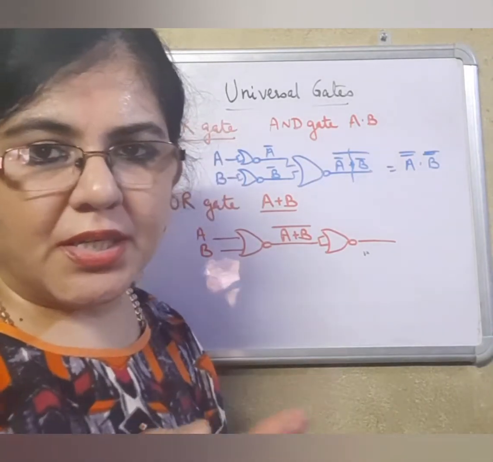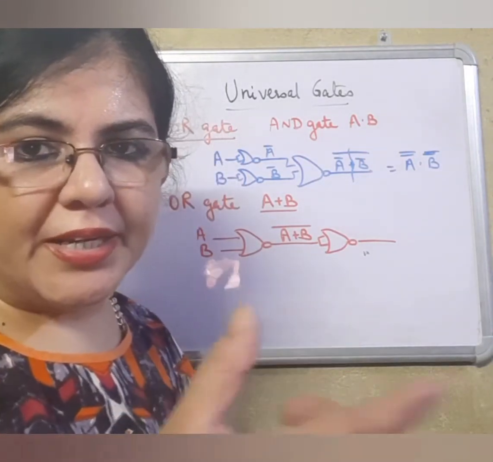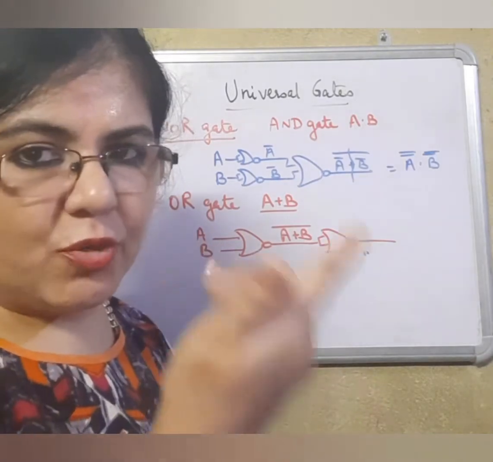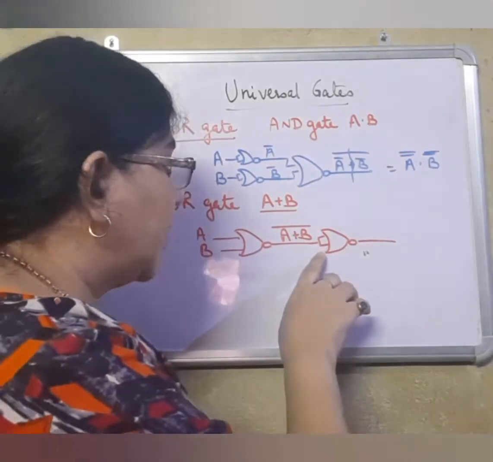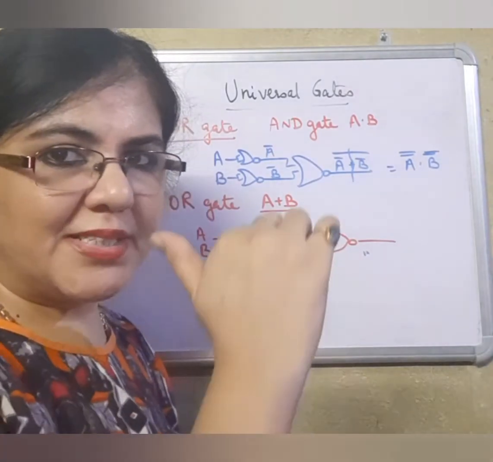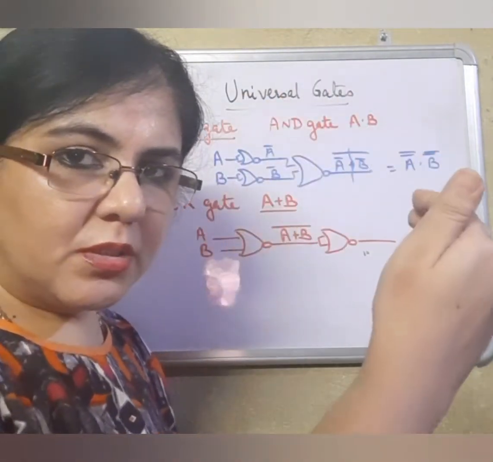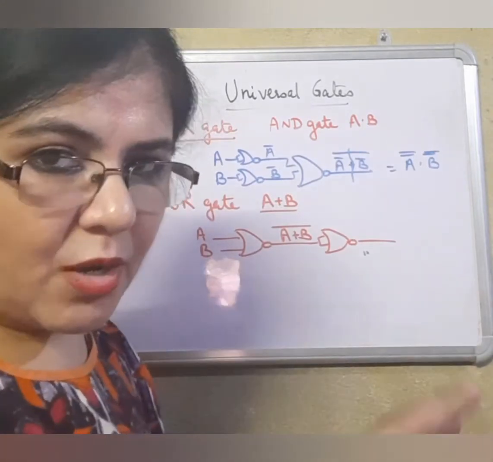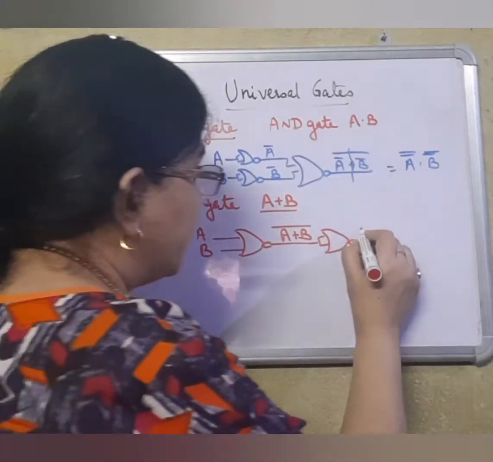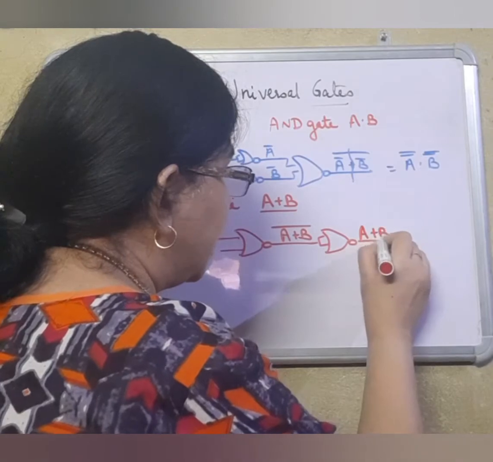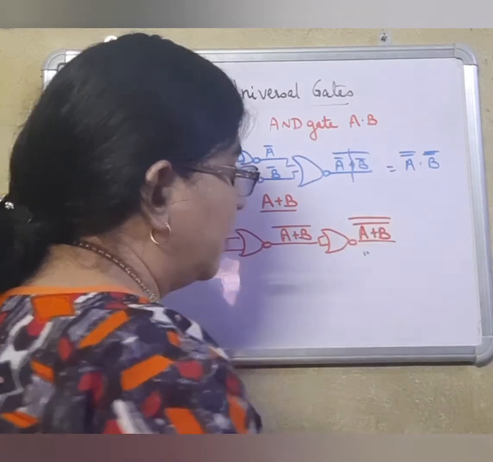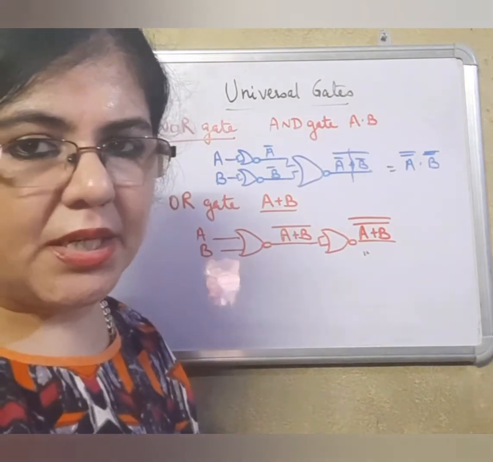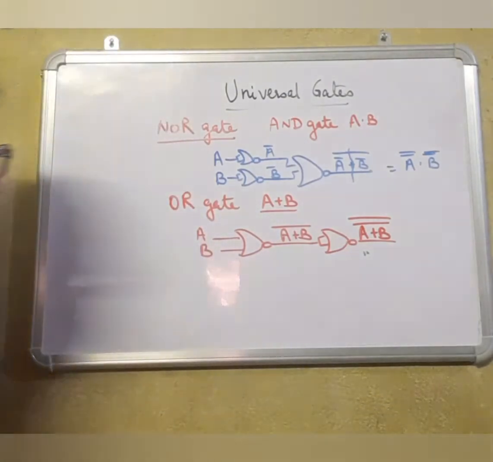When we are giving a single input, which that gate does not require, a gate requires minimum 2 inputs except for inverter. We will be making boxes in order to pass that same input both ways, upside down and upside down. So it will become A plus B double bar. Involution law is applied. It will be cancelled, and A plus B will be there.